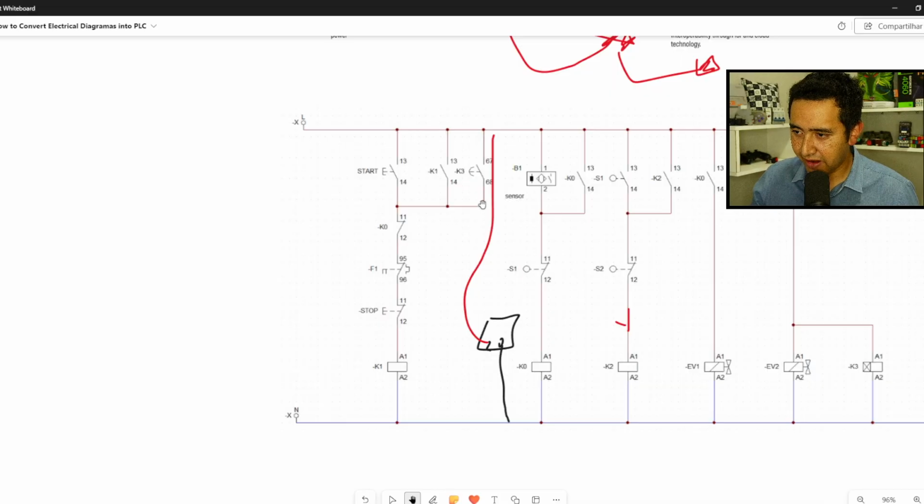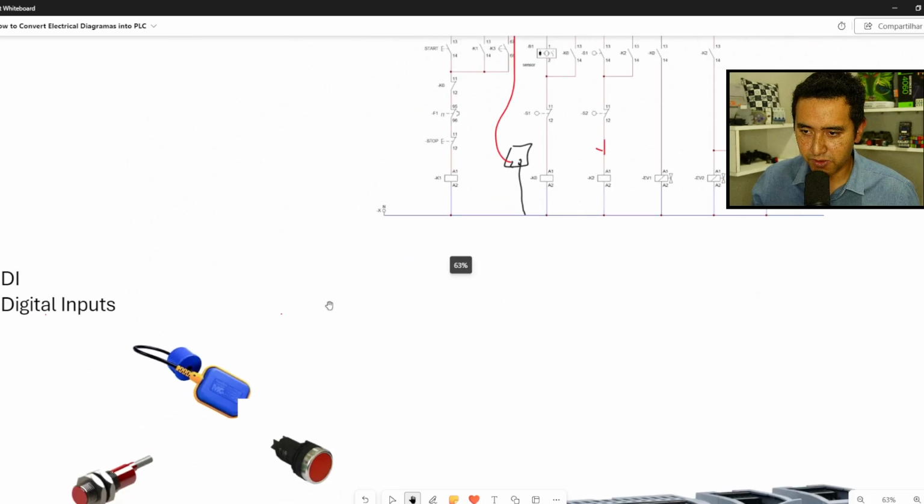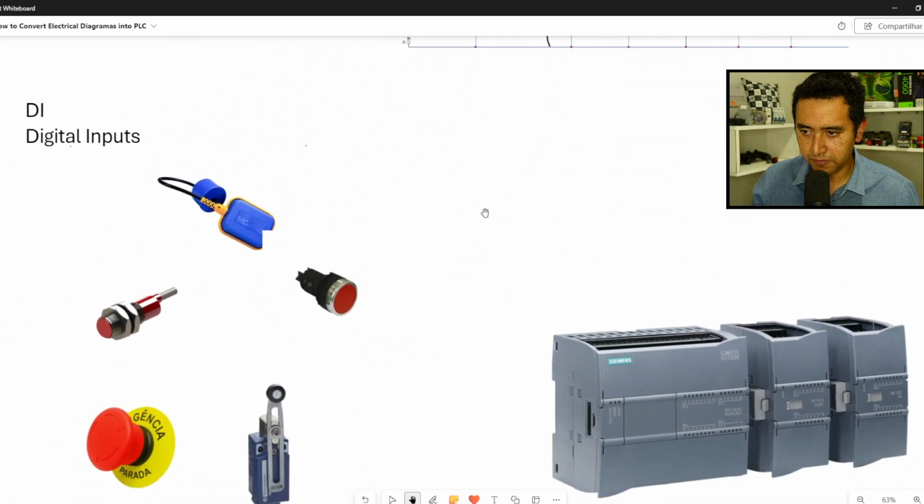Think about every contact here, all of these actuators, switches, sensors and contacts. Everything in this wiring diagram we can understand as a digital signal. That is why the digital signal is the one we will work with the most.